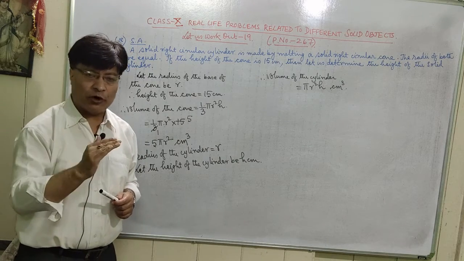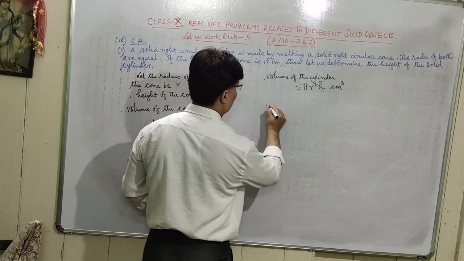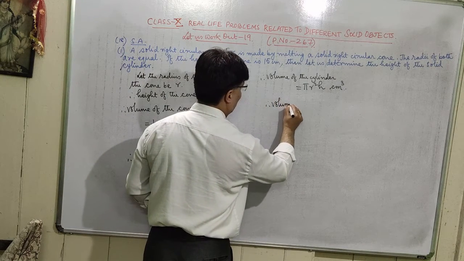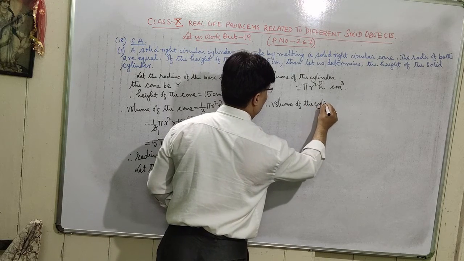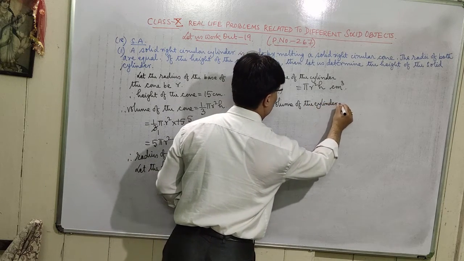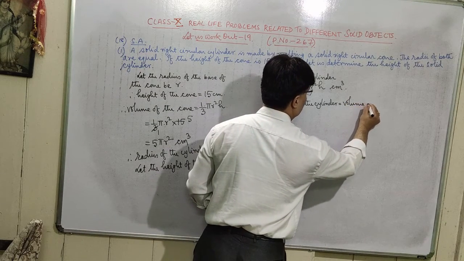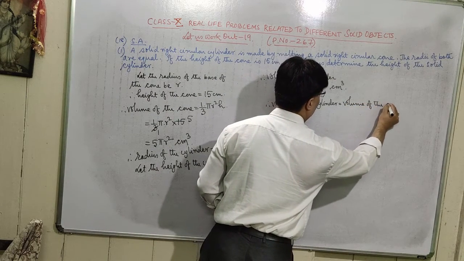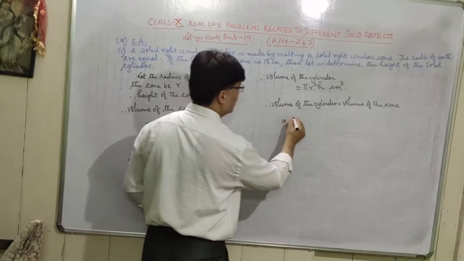Okay. So by melting a solid right circular cone, a solid right circular cylinder is made. That means the volume of the cone is equal to volume of the cylinder. So therefore volume of the cylinder is equal to volume of the cone. What is the volume of the cylinder?